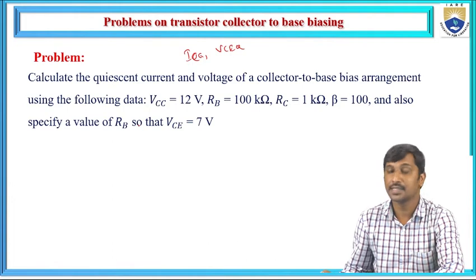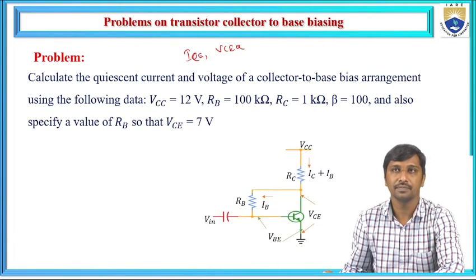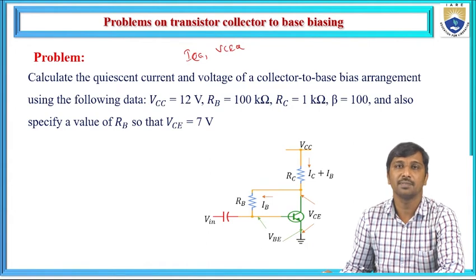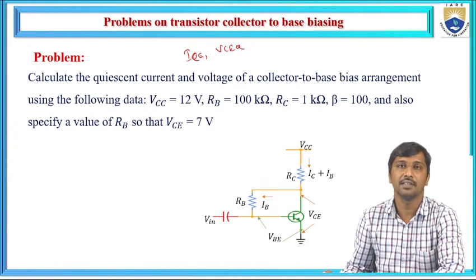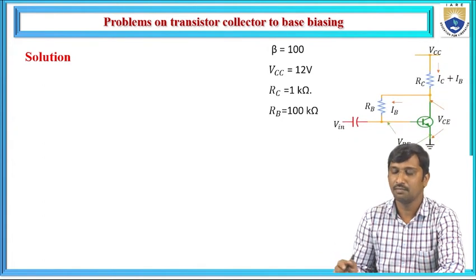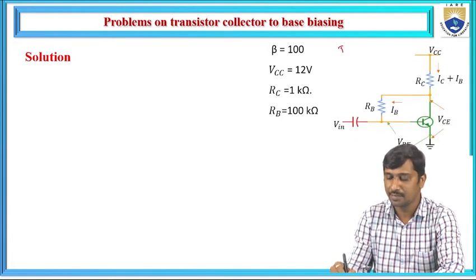For this case, let us consider again the collector to base biasing configuration. Using this configuration, we need to calculate how much collector current flows and how much voltage drop is observed across the collector terminal with respect to the common terminal, the emitter. So first we again need to calculate the IC parameter.